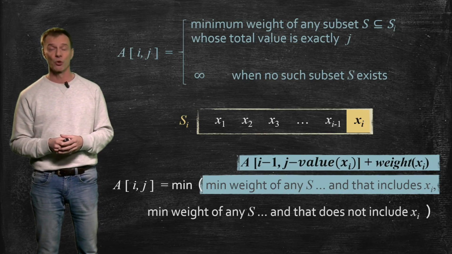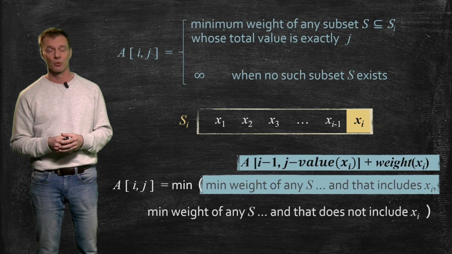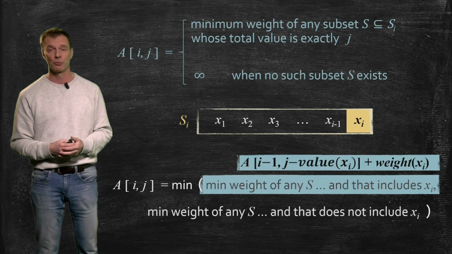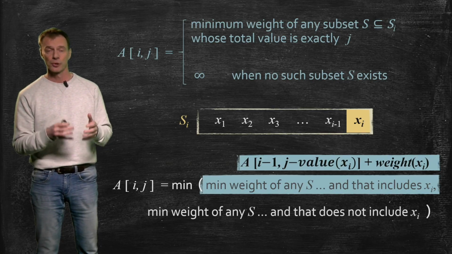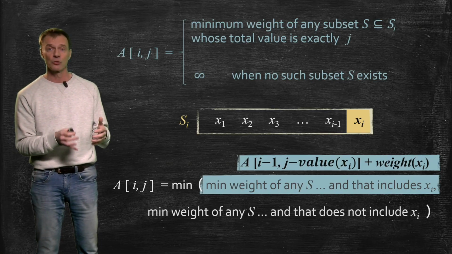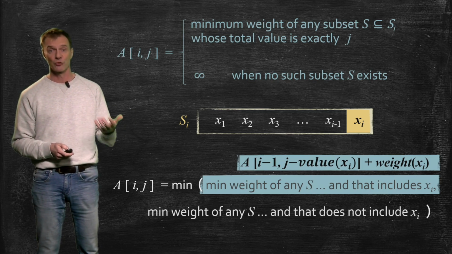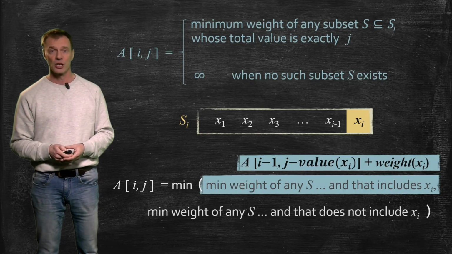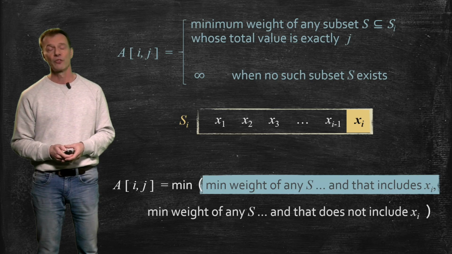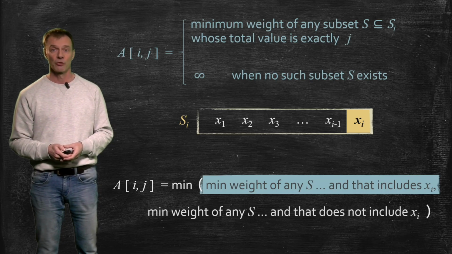What's the minimum possible weight that we can get to do this? Well, that's the weight of xi, because we select it, we put it in our knapsack, plus the minimum weight that we get from the first i minus 1 if we make a selection out of those of total value j minus the value of xi.